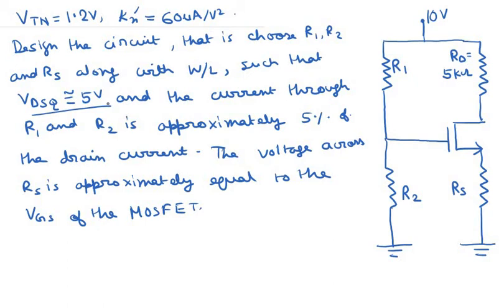You have to choose R1, R2 and RS, and also W by L for this MOSFET, such that these conditions are satisfied.